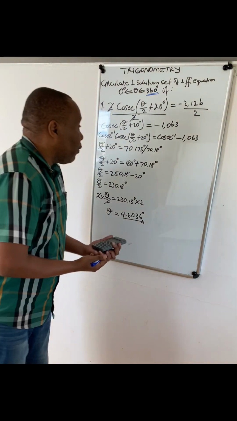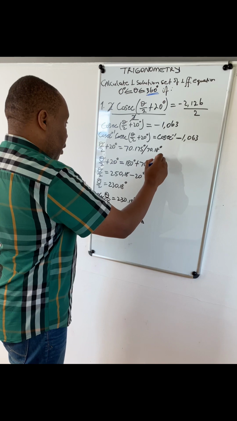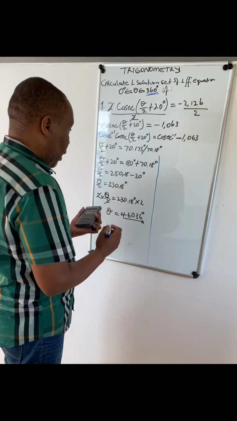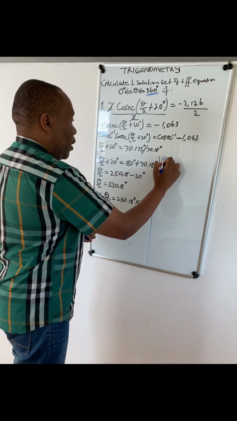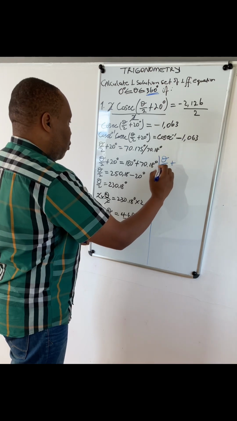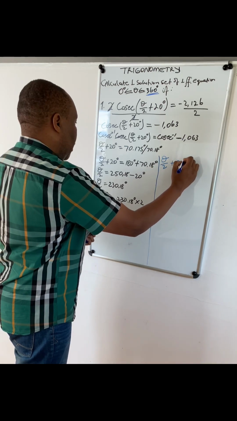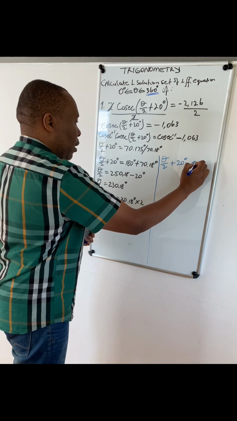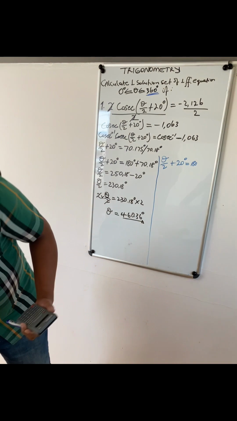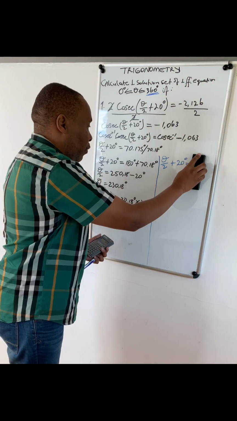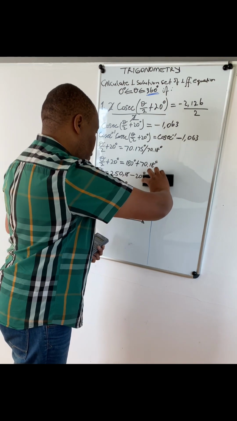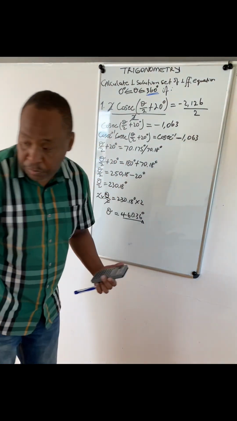Let's check in the fourth quadrant and see what the fourth quadrant will give us. Theta over 2 plus 20 degrees is equal to, it can't be 180 in the fourth quadrant.